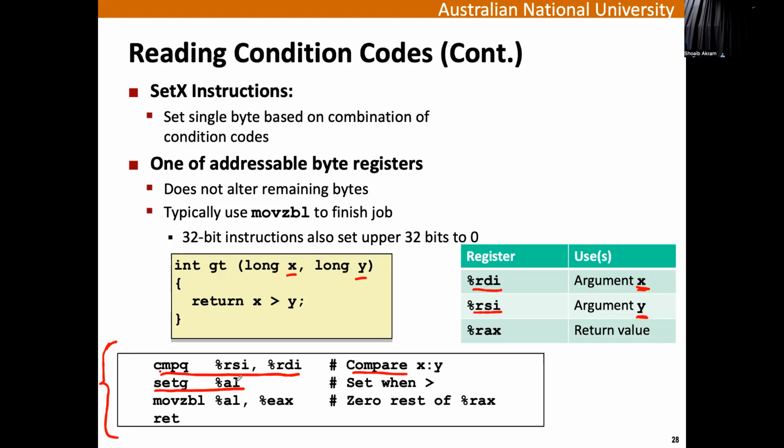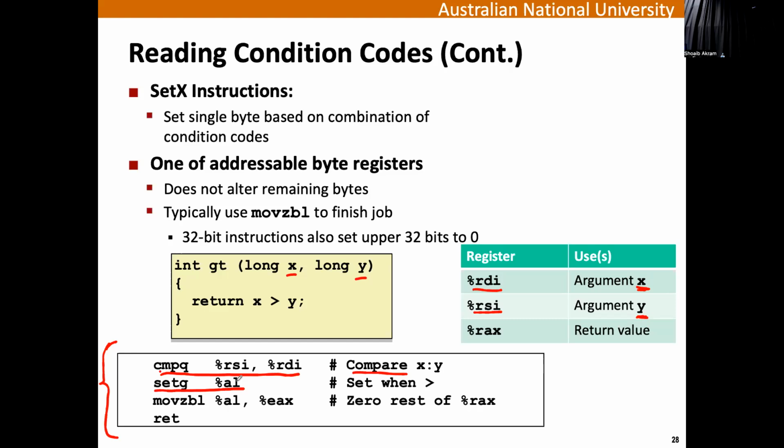Okay, so based on what we know about set instructions, what do you think this instruction is doing? setg AL. The compare instruction has set the proper condition codes after comparing x and y, after doing x minus y or y minus x.